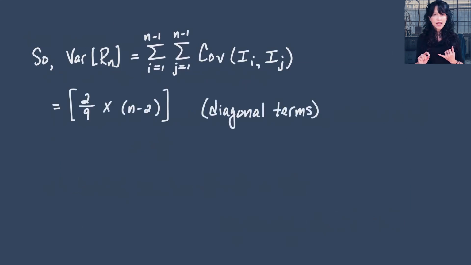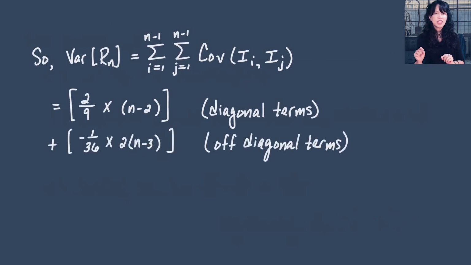And this was an n minus 2 by n minus 2 matrix. So I have 2/9 times n minus 2 diagonal terms. Plus, I have negative 1/36 appearing just off the diagonal on both sides. I have n minus 3 things just off this diagonal on each side. So I get negative 1/36 times 2 times n minus 3 off-diagonal terms.